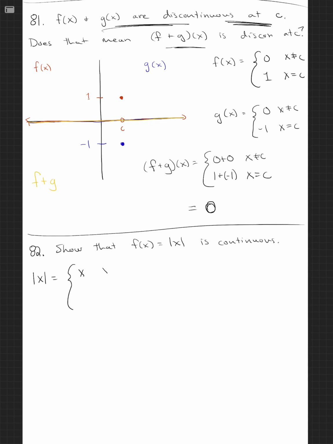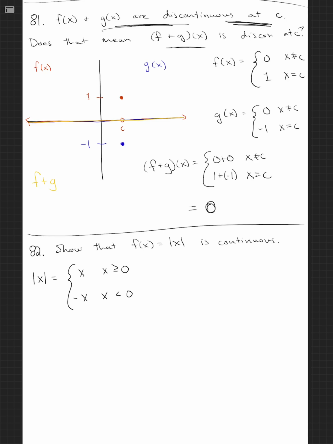It's equal to just x if x is greater than or equal to 0, and it's equal to negative x if x is less than 0. If you put a positive number into the absolute value, you just get the exact same number back out. If you put a negative number in, you get the positive version of it back out, and another way to get that positive version is to multiply by -1.